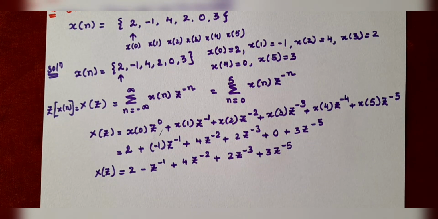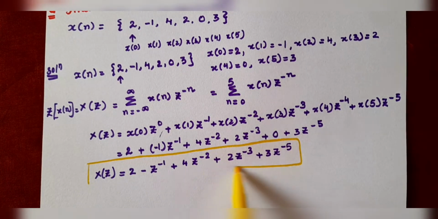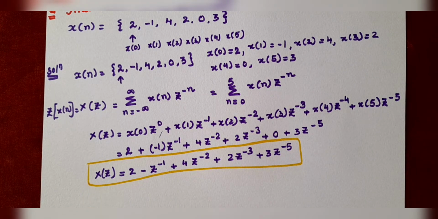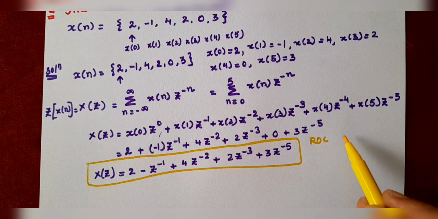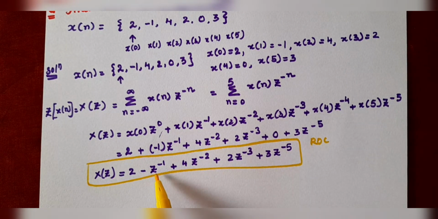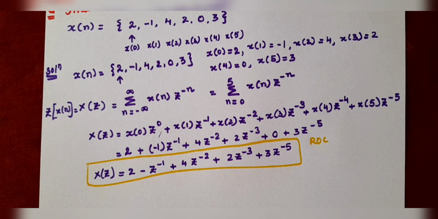Okay. So, what you observe here? The given x of z is coming to be this one. Now what is ROC? The values of z for which x of z converges, for which x of z is a finite value.